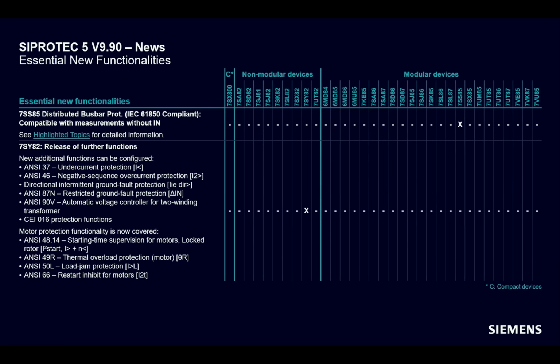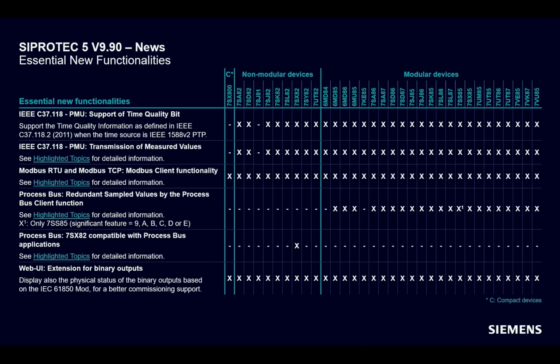The new functionalities that will be available are undercurrent protection, negative sequence overcurrent protection, directional intermittent ground fault protection, restricted ground fault protection, automatic voltage controller for 2 winding transformers, IEC 60255-16 protection functions, starting time supervision for motors and locked rotors, thermal overload protection for motors, load jam protection, and restart inhibit for motors.